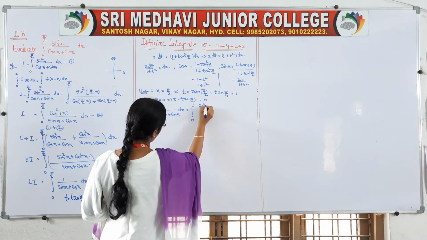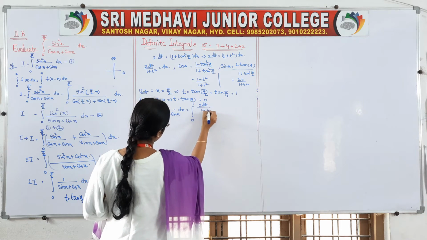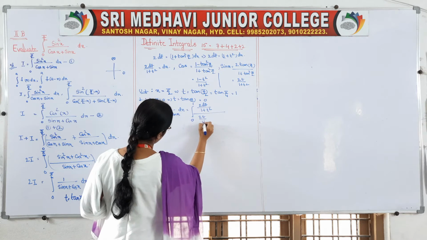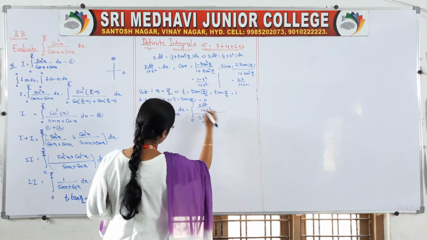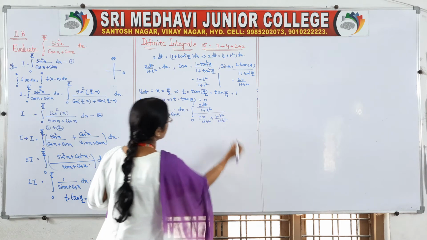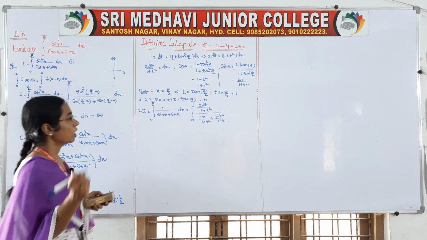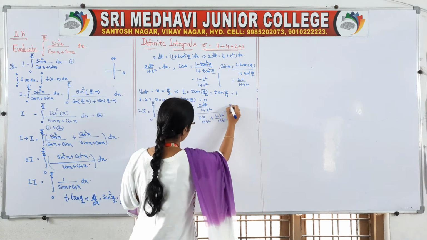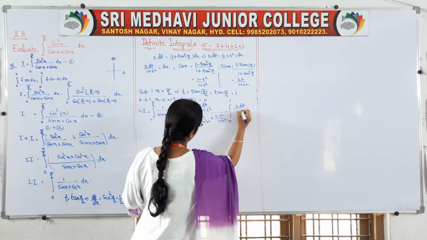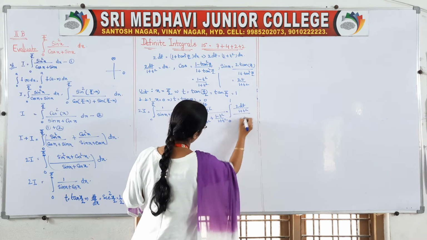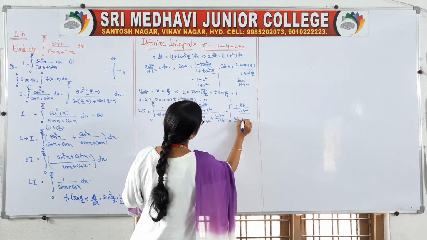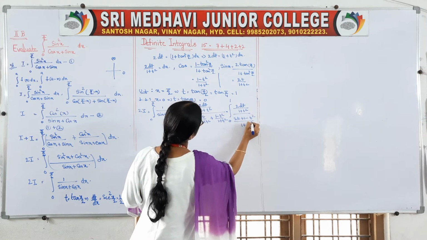It is 2 dt by (1 plus t²), divided by sin x, 2t by (1 plus t²), plus cos x, (1 minus t²) by (1 plus t²). So now take the LCM, this is equal to 0 to 1, 2 dt by (1 plus t²), by downwards (1 plus t²) over (2t plus 1 minus t²).